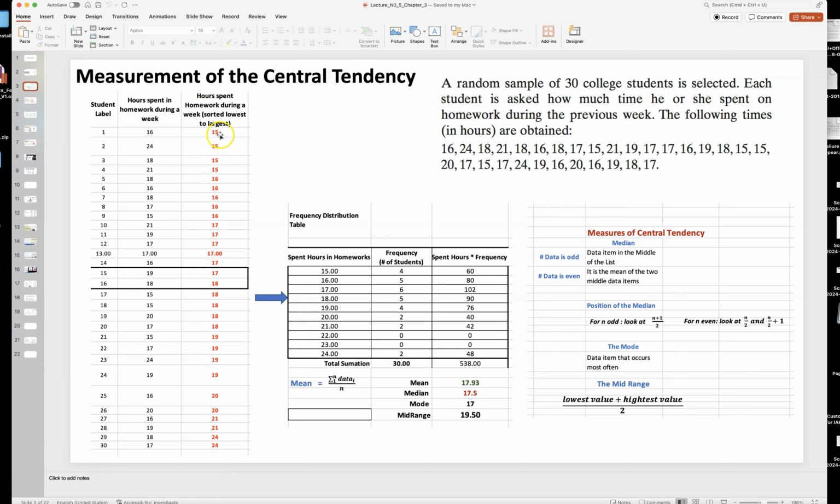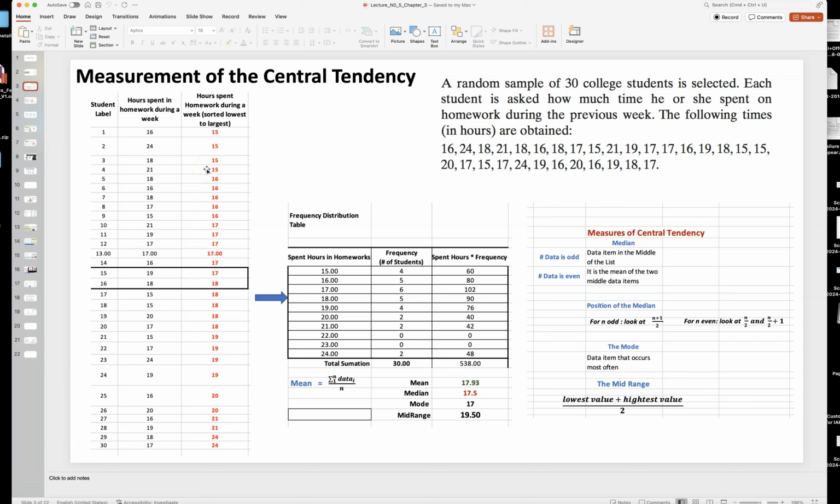So this representation is quite convenient because it is telling you the frequency of each one of the outcomes. For instance, how many people say that they spent 15 hours just to get the homework done? Well, you can count here. I have 1, 2, 3, and 4 students.